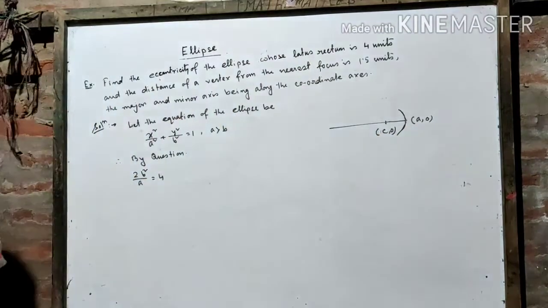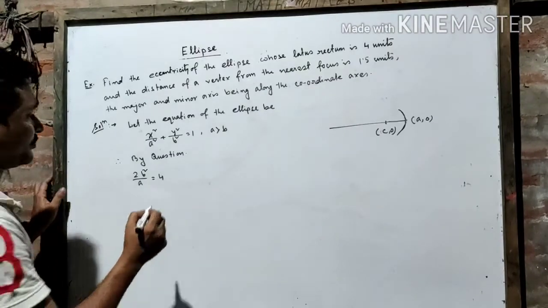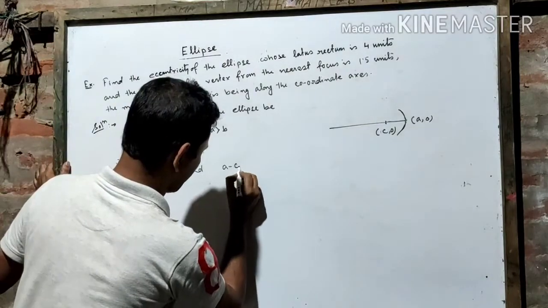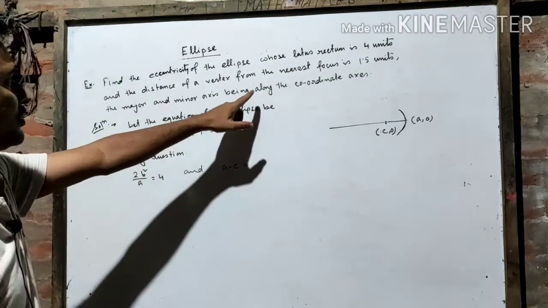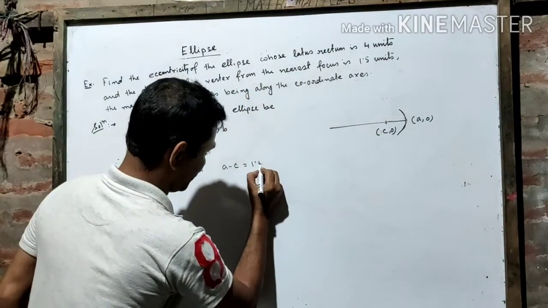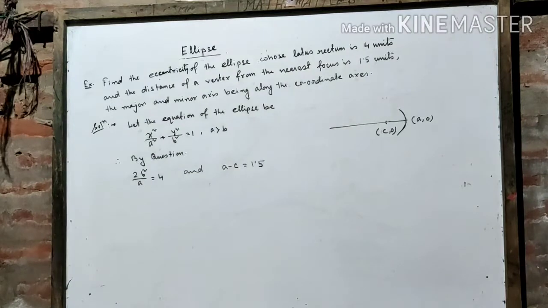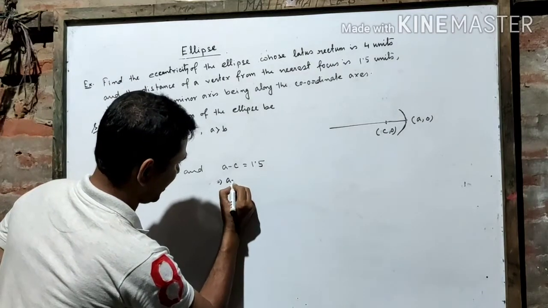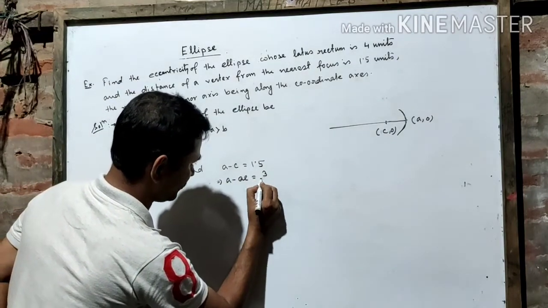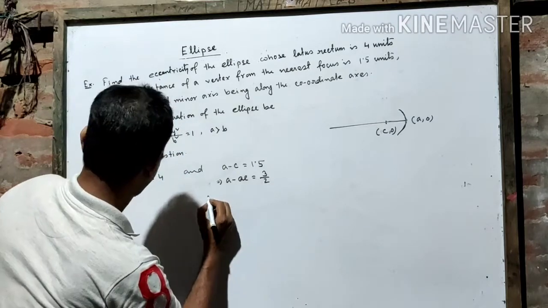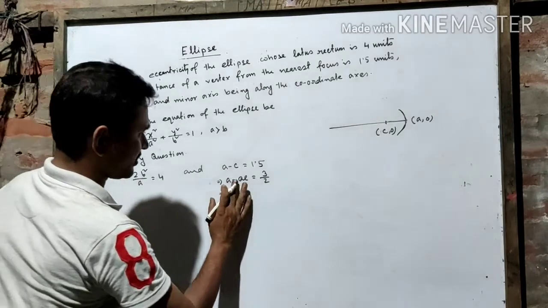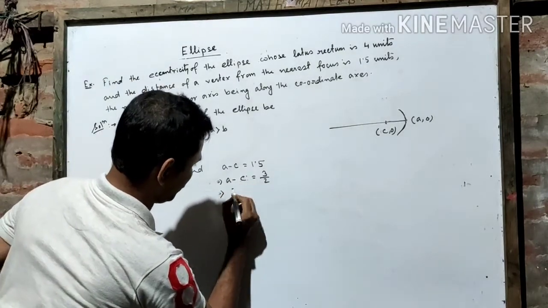I have given you a note already. And a minus c is equal to 1.5. From this we are to find the eccentricity of the ellipse. So this will imply a minus ae is equal to 3 by 2, or a minus c is equal to 3 by 2.